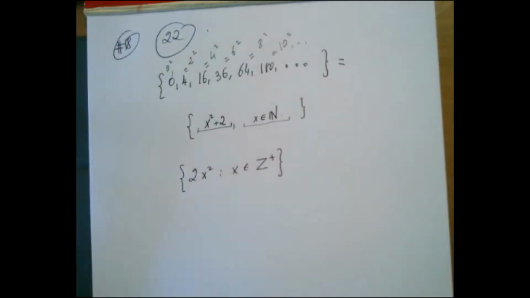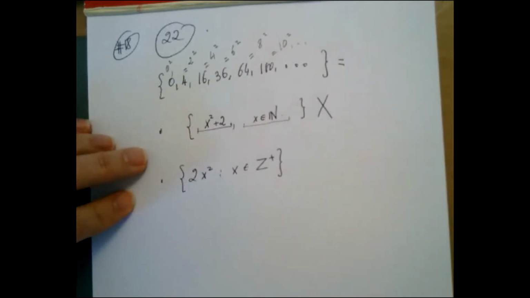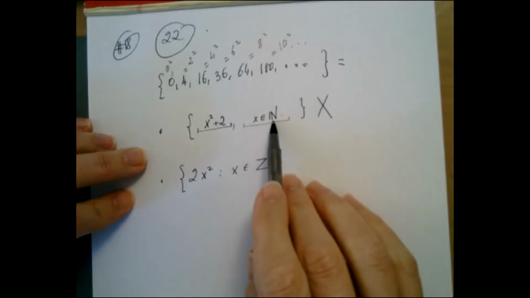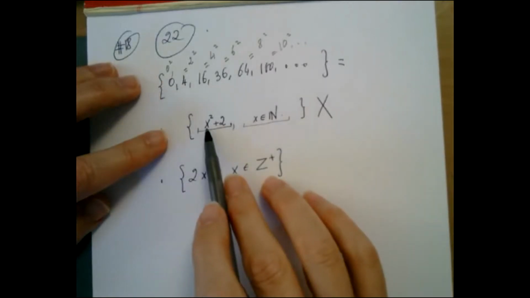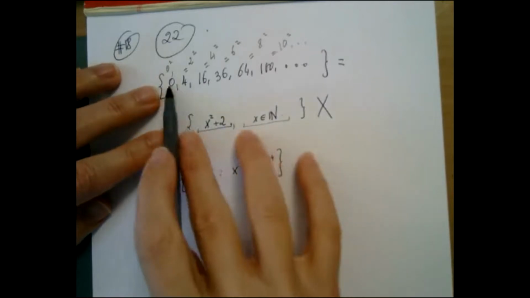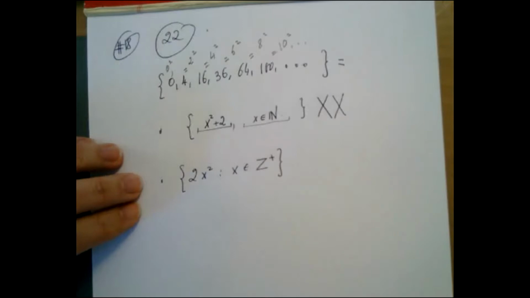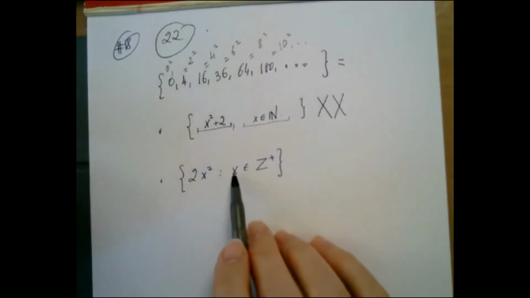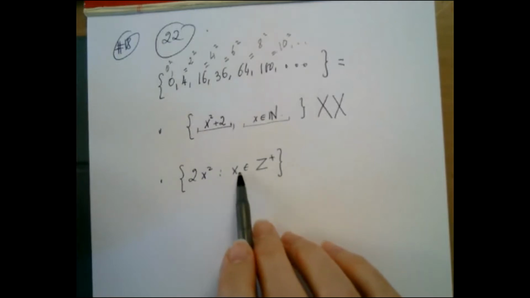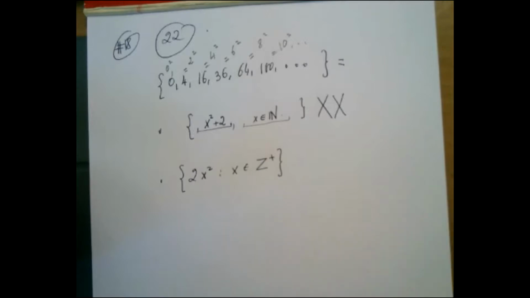So I'm going to write each one of them, and then you guys will have to tell me. So this we decided is wrong. Do you understand why? Because only x equals 0, according to this set builder notation, is going to give us 0 plus 2, but 2 is nowhere in here. So this one is failing. Is this one working? I don't know. If x is in Z plus, it means everything bigger than 0.